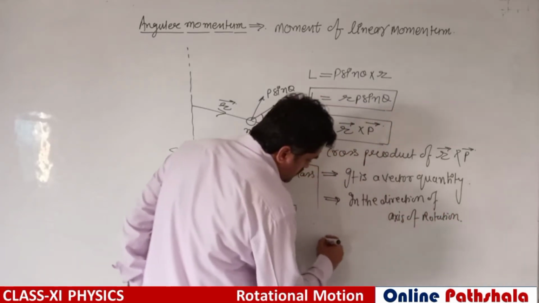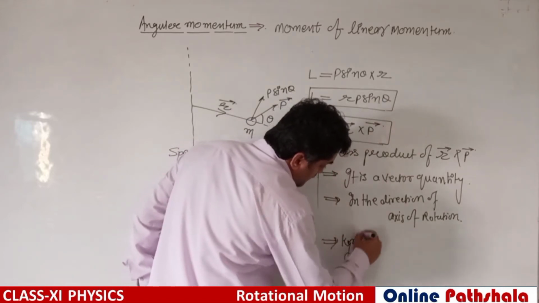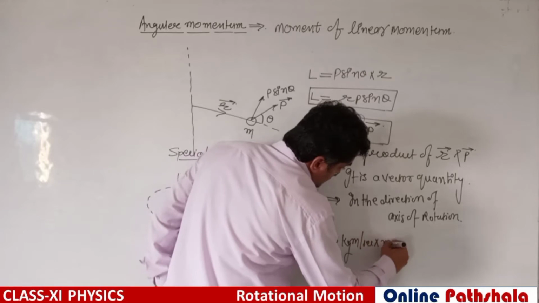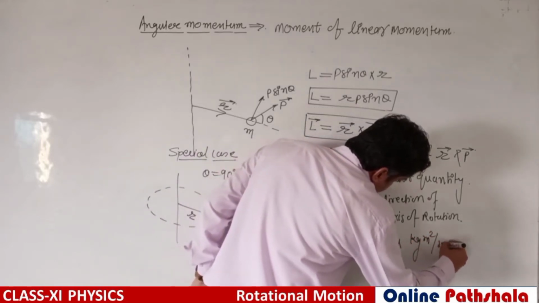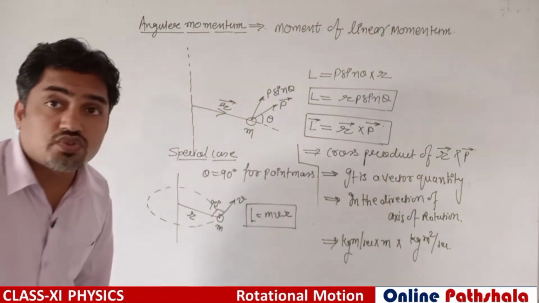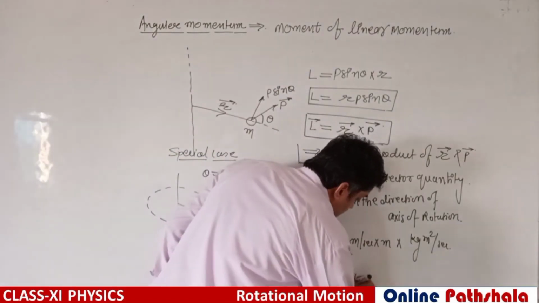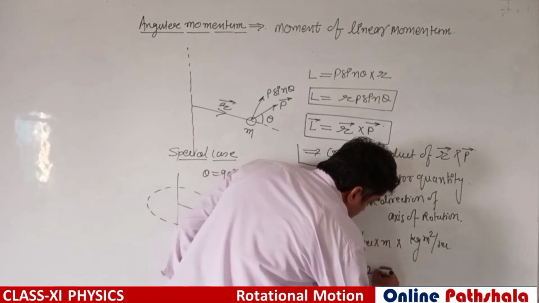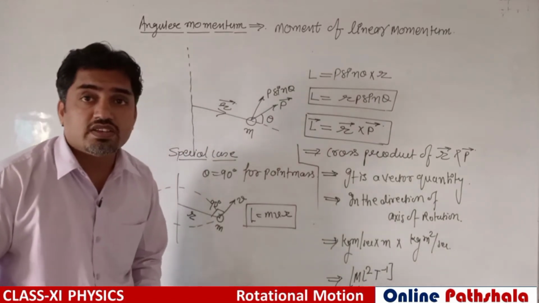And what should be the unit? It should be kg meter per second into meter, means kg meter square per second. If we talk about the dimension formula, it is M L squared T to the power minus 1.